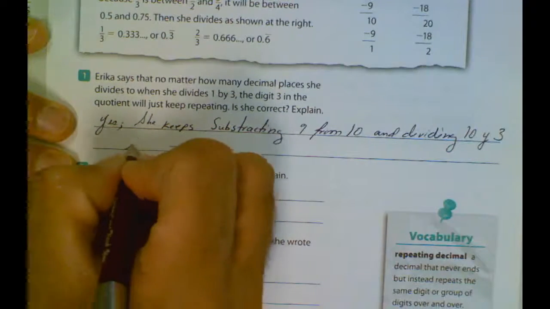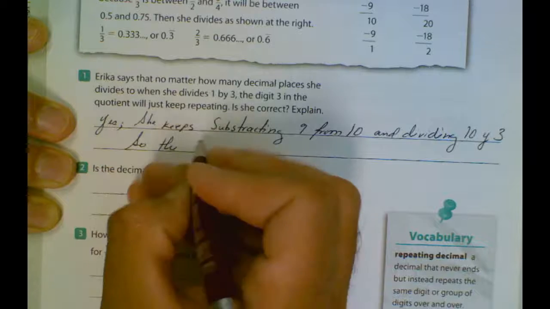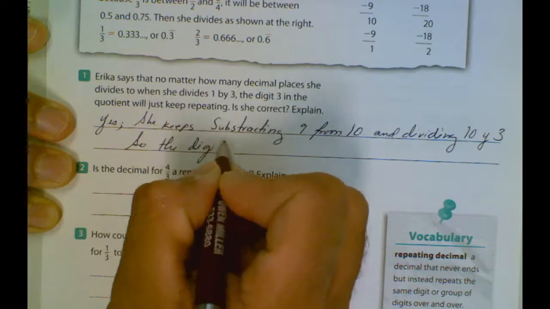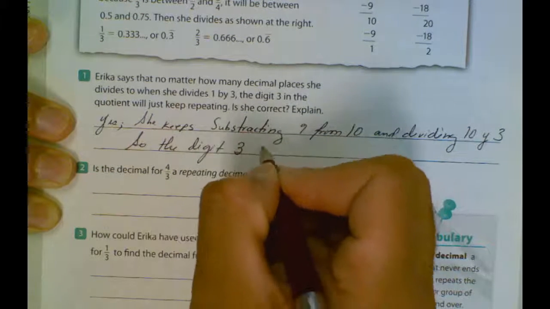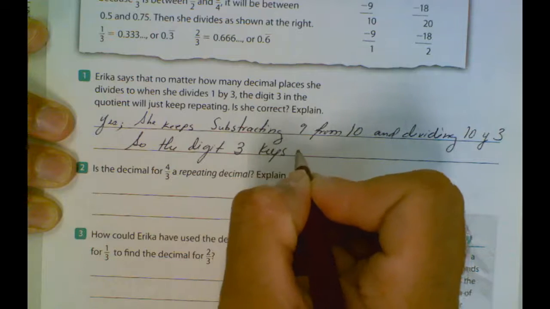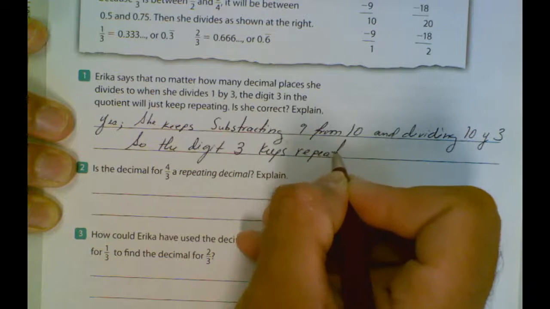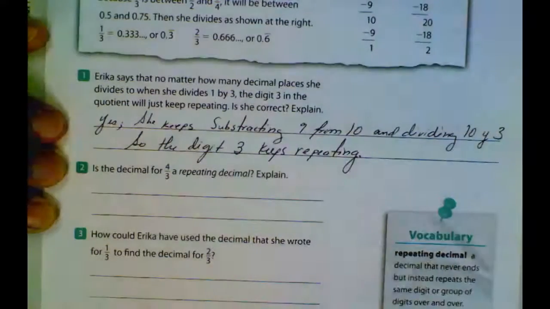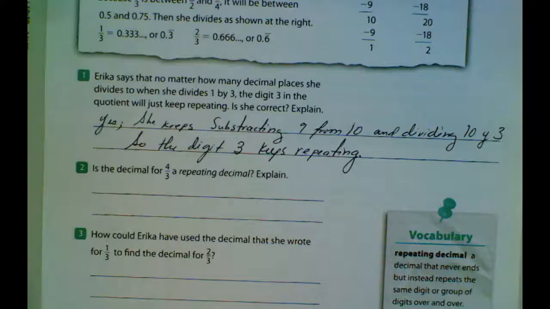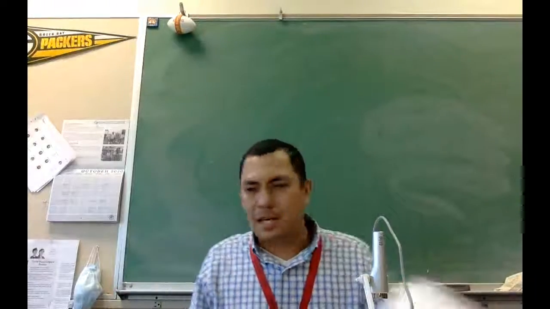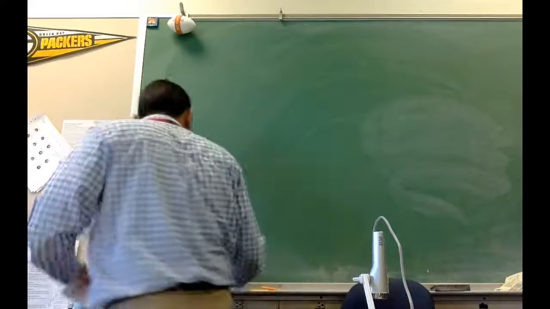So the digit 3 keeps repeating. So let me see if I can switch the camera here. What she got in this case is the following division.